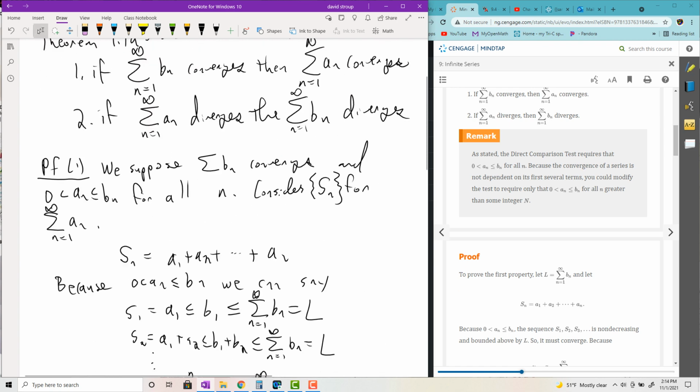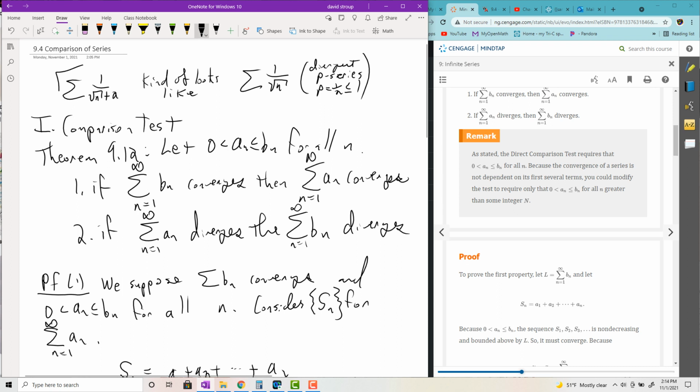So basically, you'll be given a series, and then you'll have to generate a series that you know. It'll have to be something you could prove is divergent or convergent using one of the tests we've developed, or just by looking at it. Is it geometric? Is it a p-series? That kind of stuff.